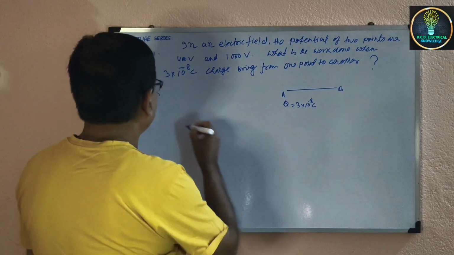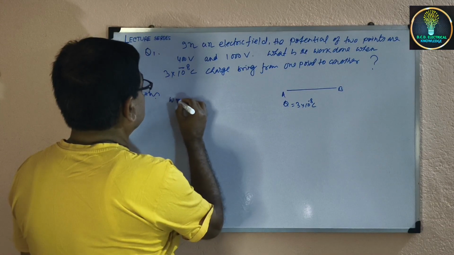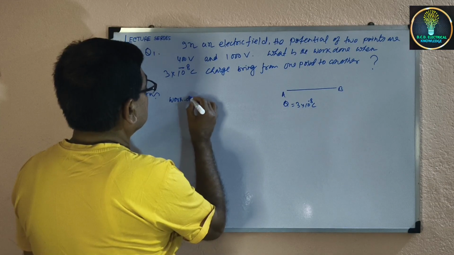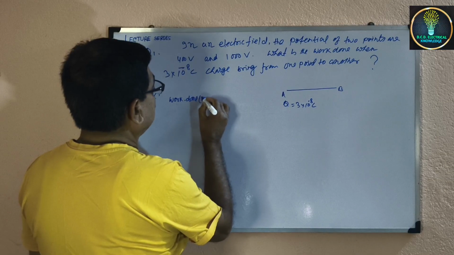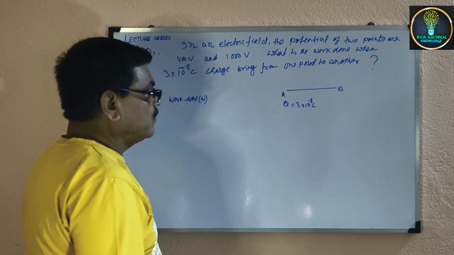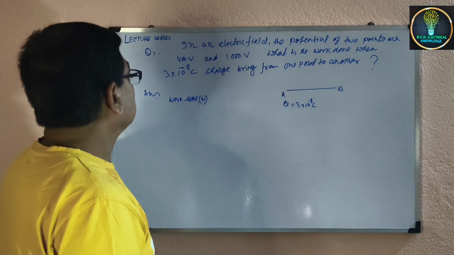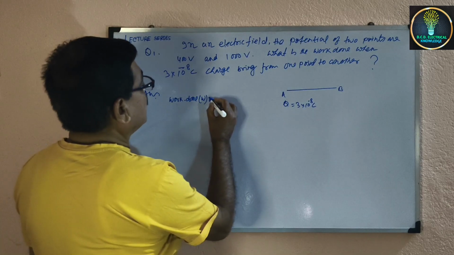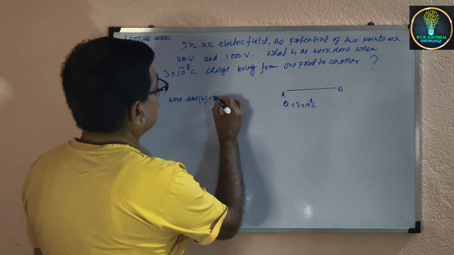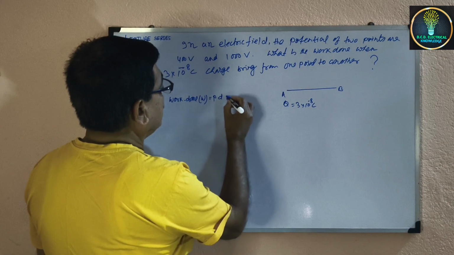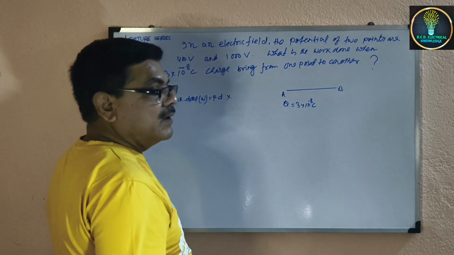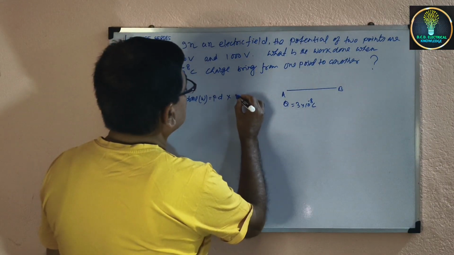We know that work done W is equal to potential difference PD into charge.